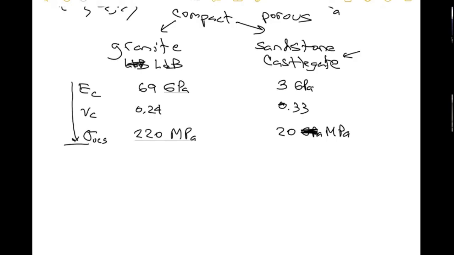Again, if you look at the microstructures of these things, they're very, very different. The granite is super well connected crystals, and the sandstone, the more you zoom in, the more voids you see. This guy has a porosity, we typically say n, of around 0.18. This guy has a porosity of like 0.001. And porosity is volume of voids over total volume. So if I take a representative volume and I count the amount of open space, that's porosity.